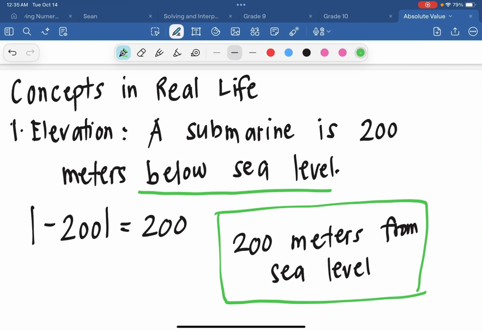Because the thing here about absolute value is the distance from the origin. And our origin here, based on the situation, is the sea level. So that's it for our first concept.